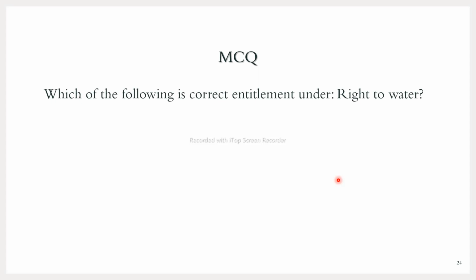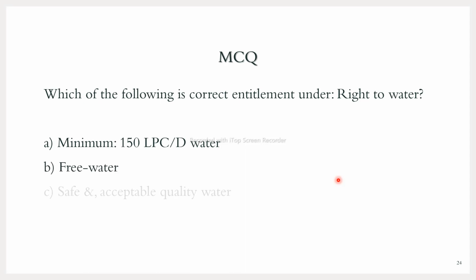Which one of the following is correct entitlement under the right to water? Option A, minimum 150 liter per capita per day of water. Option B, free water. Option C, safe and acceptable quality of water. Option D is all of the above.